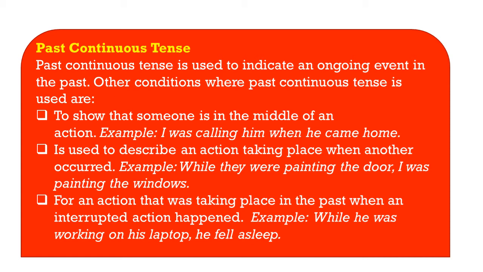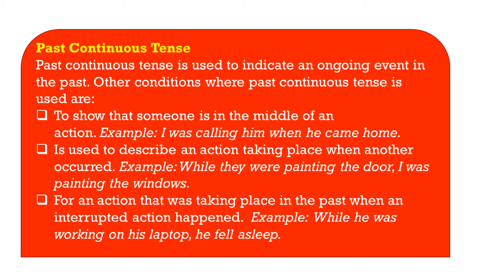And here also are some conditions to use this past continuous tense: to show that someone is in the middle of an action. Example, I was calling him when he came home, used to describe an action taking place when another occurred. Example, while they were painting the door, I was painting the windows.